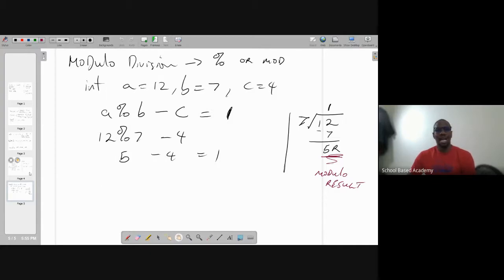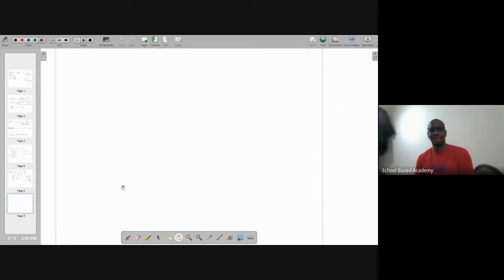Okay. So the next thing that we have, I just want to make sure that we understand some more expressions. Let's see if we have 5 minus 17 divided by 2. We're assuming that it's integers, is greater than or equal to 6 multiplied by 3.